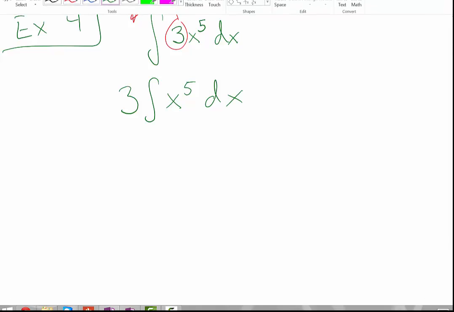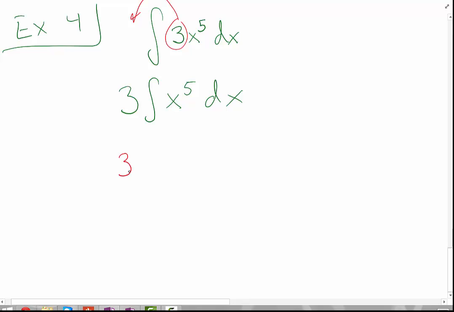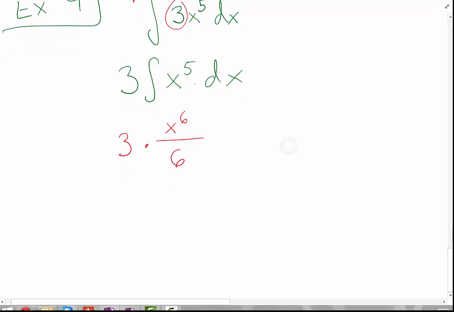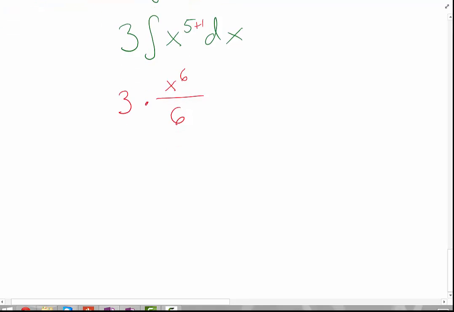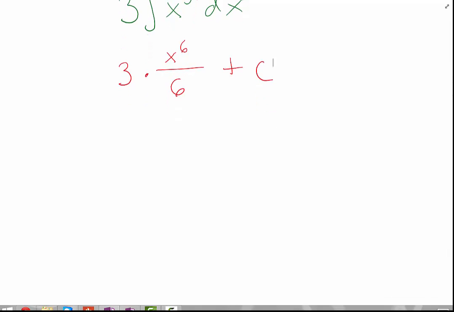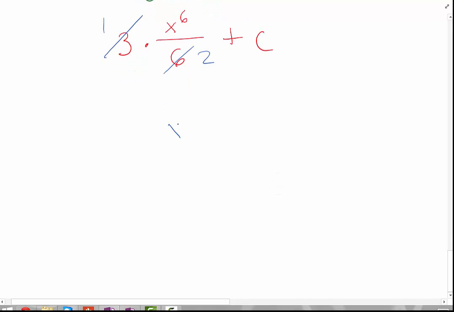And now we'll apply the anti-power rule, and we'll have 3 times x to the 6th over 6. We add 1, and then we divide by that. And then plus c. Now we can simplify by 3, and we get x to the 6th over 2, or 1/2 x to the 6th plus c.